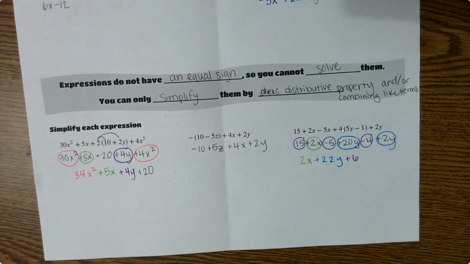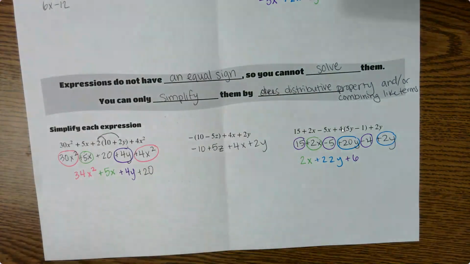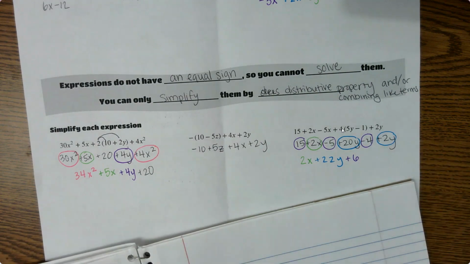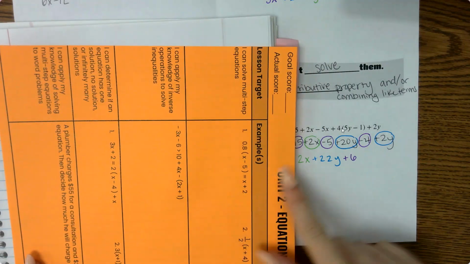All right, here's what you should have gotten. If you need to go back and fix your work, fix your work. Otherwise, we're going to glue this into our notebooks. So you should have your unit divider glued into a point page where you can see this at the front of your notebook.